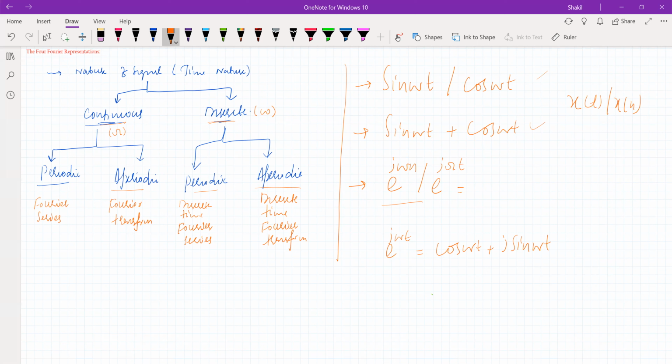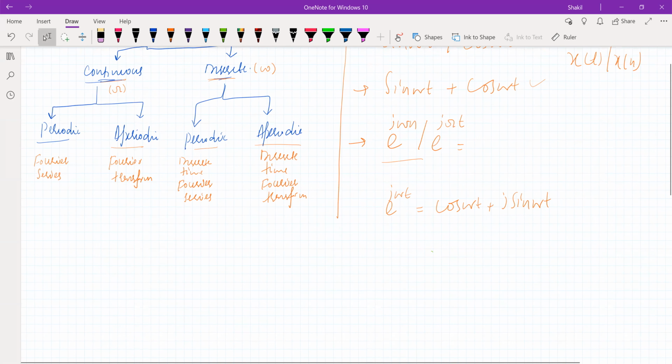That's the point I'm making here. Based on this, we have different representations of the Fourier analysis, referred to as, for example, the trigonometric Fourier series representation and the complex Fourier series representation.